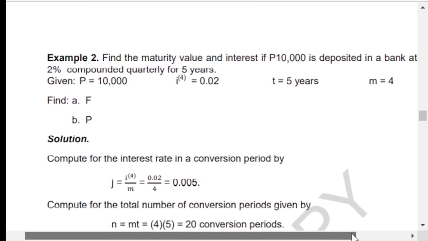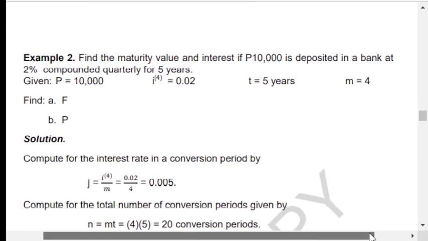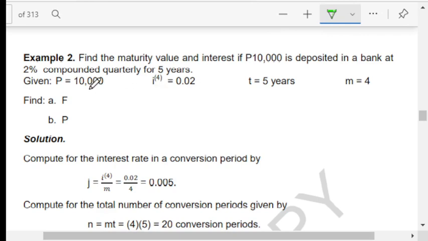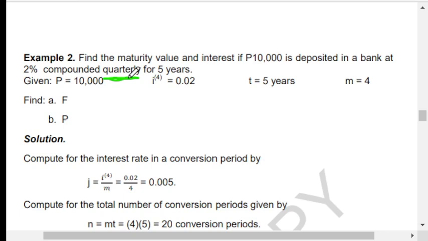Okay. Example number 2. Find the maturity value and interest if 10,000 pesos is deposited in a bank at 2% compounded quarterly for 5 years. So in this case, your 10,000 is your principal, then j sub 4, because the interest will be computed quarterly, so every 3 months.